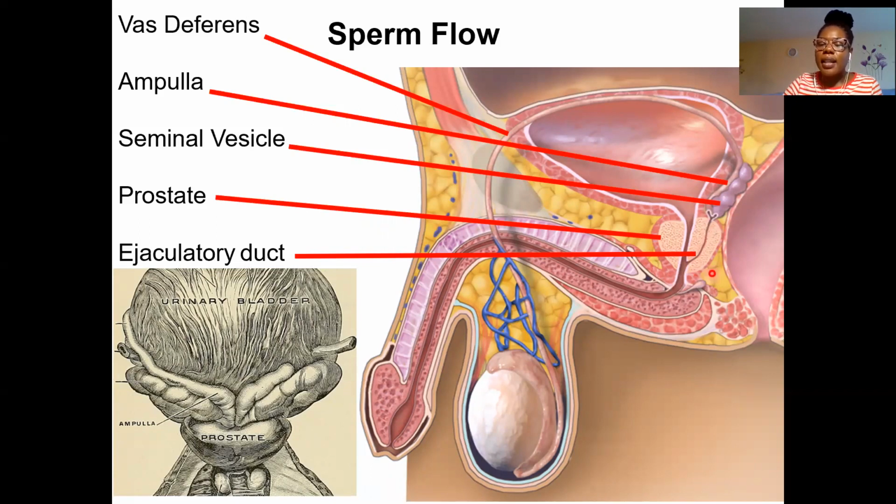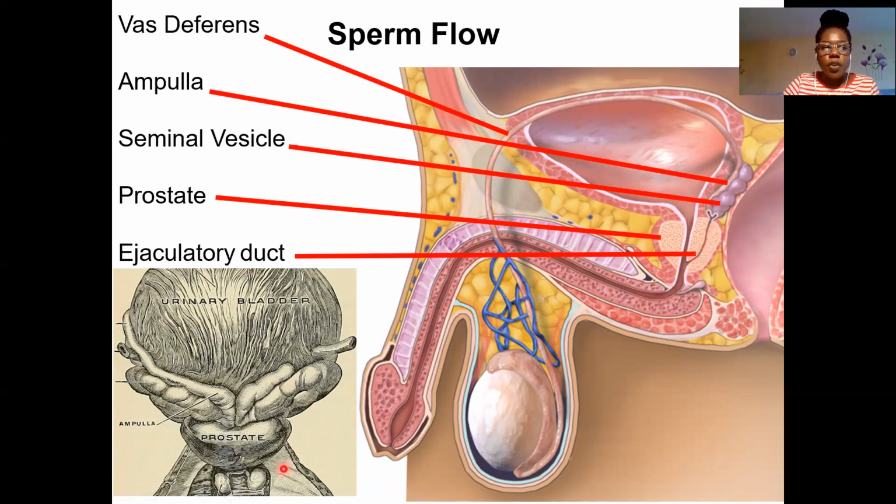And this is located at the base of the bladder. Here we can see the prostate. And the prostate is actually bisected by the ejaculatory duct. So the ejaculatory duct, which I mentioned earlier, is a shared duct between the opening from the vas deferens as well as the seminal vesicle into the urethra.